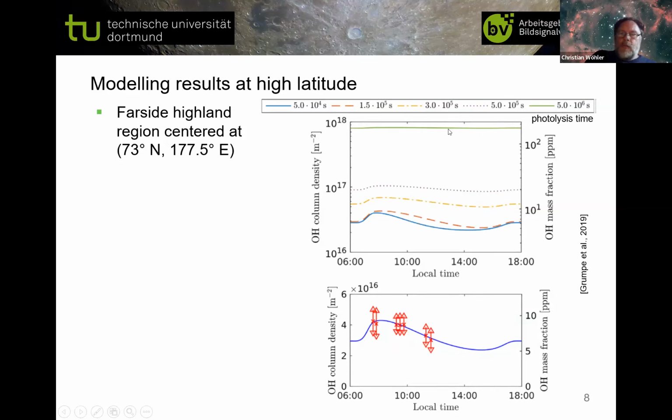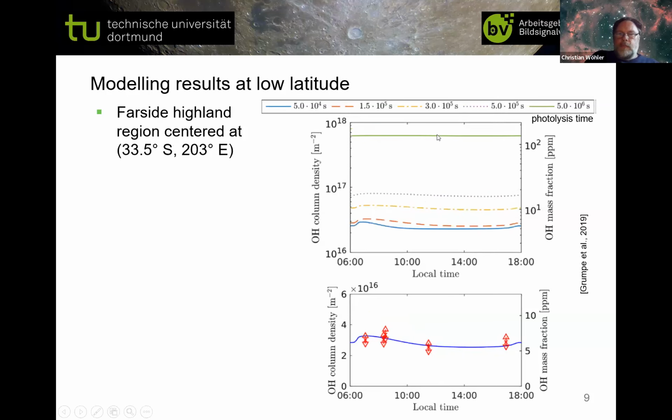It's not so much the diffusion or the thermal evaporation. And even at low latitudes here, 33 degrees south, without photolysis, we have again a more or less constant value. And with photolysis, we obtain the time of day dependent behavior that we observe in the M-cube spectrum.